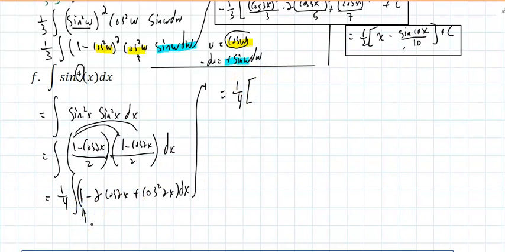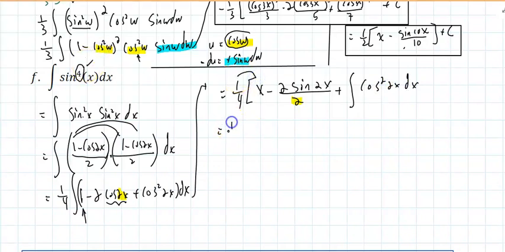What do you take a derivative of to get 1? That's an x minus twice. What do you take a derivative of to get cosine? That's the sine of 2x. What do you do with that 2? If you take a derivative, you would multiply. Since you take an antiderivative, you divide. Plus the integral of the cosine squared of 2x dx. That's what I meant when you see a 4. You have to do it twice.